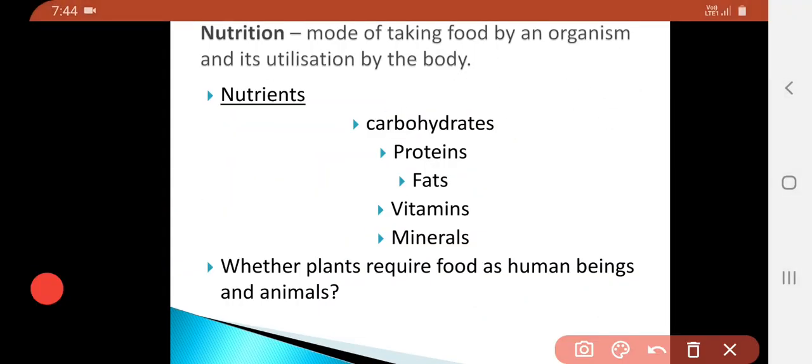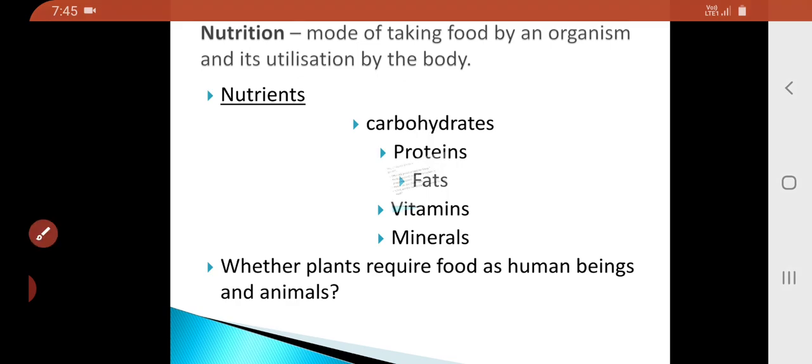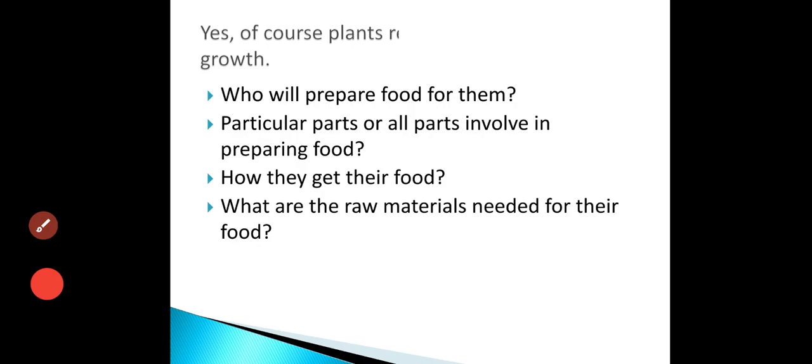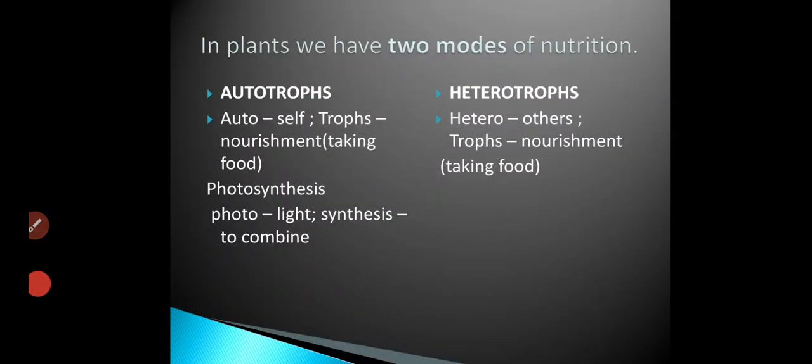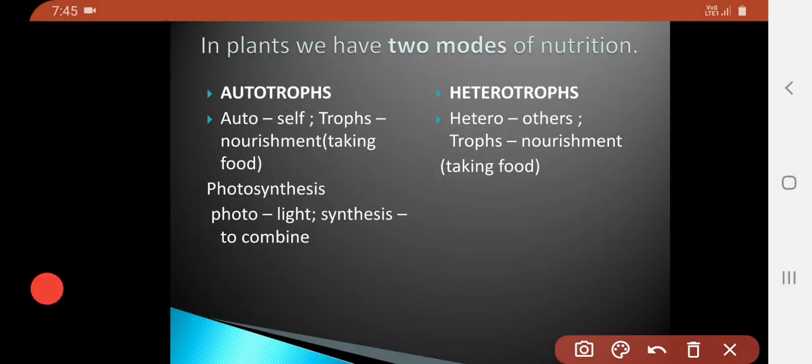Next, nutrition. The mode of taking food by an organism, which gets utilized by the body. This process is called nutrition. Nutrients are carbohydrates, proteins, fats, vitamins and minerals. So plants also require food. In plants we have two modes of nutrition.